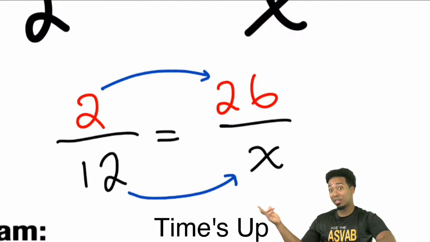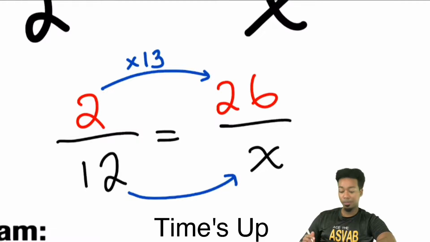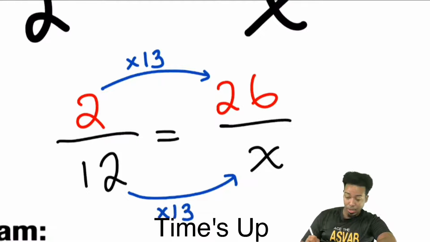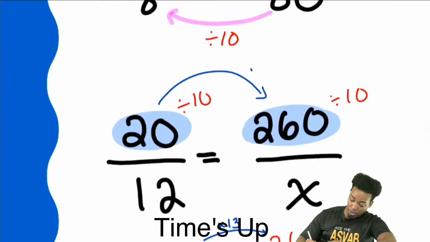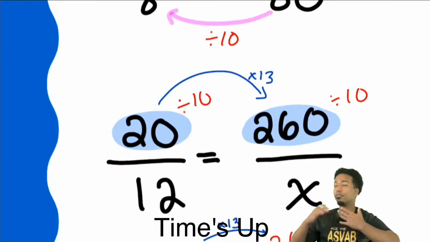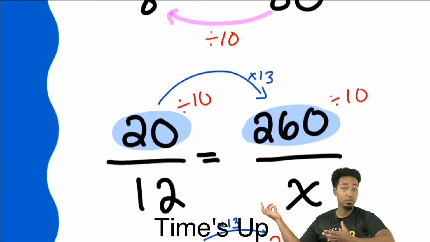Everybody, what do I multiply 2 by to get 26? That's a much faster way, ain't it? 13. I can see that 13 now much easier. It's the same 13 that you could have seen up here. That 13 would still work from here to here. That would have worked. But I wasn't going to bet on everybody here seeing that instantaneously if we're having some trouble with division and multiplication.